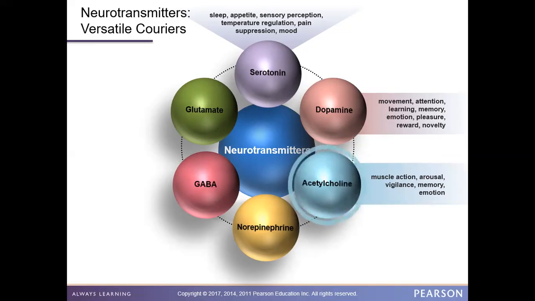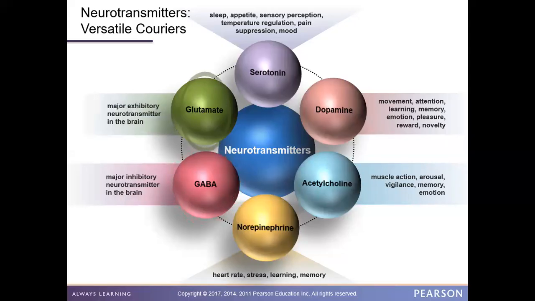Acetylcholine. So muscle action, vigilance, things like emotion. Heart rate, stress, learning, and memory. So norepinephrine helps to bring some of that down, helps to encourage memory, helps you to learn better, to remember more information.